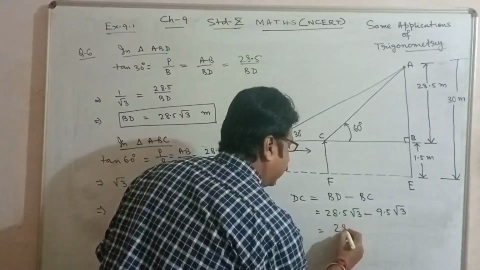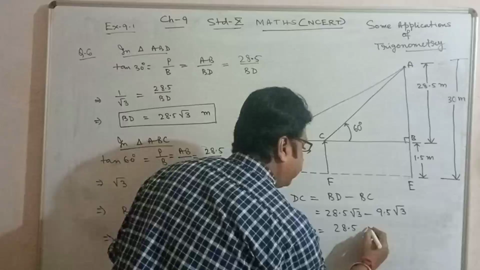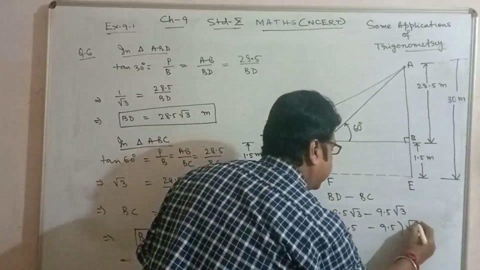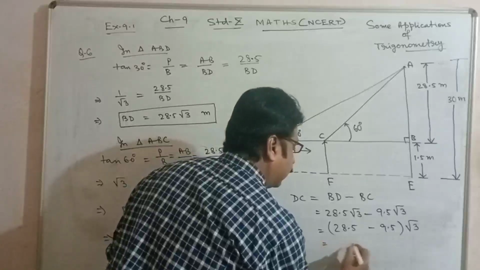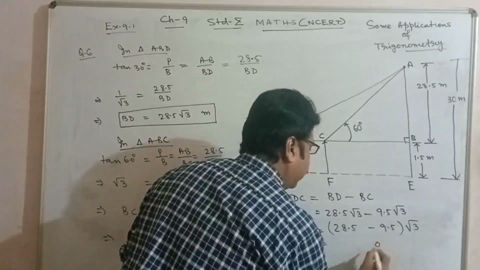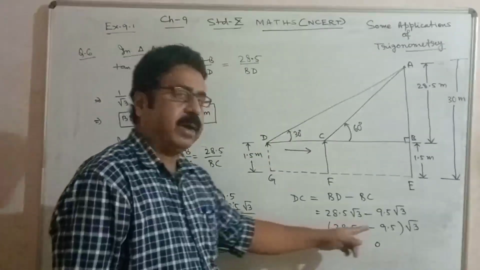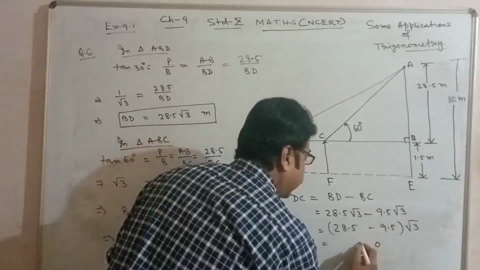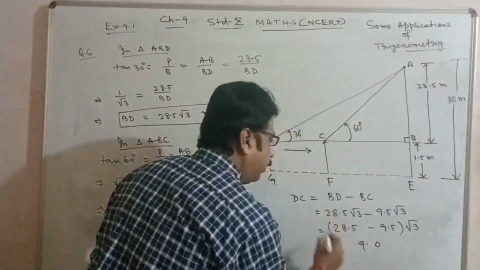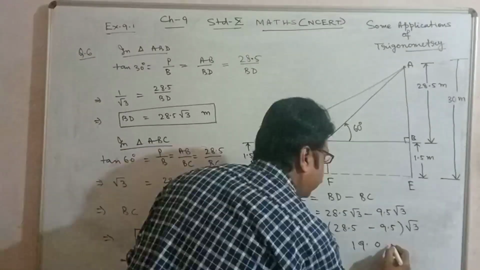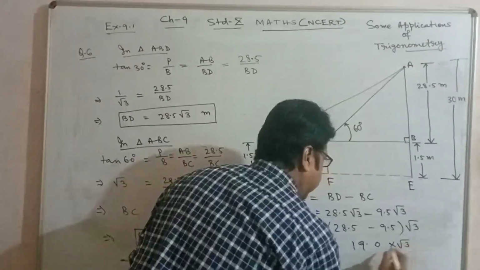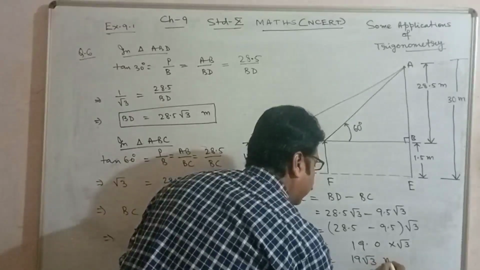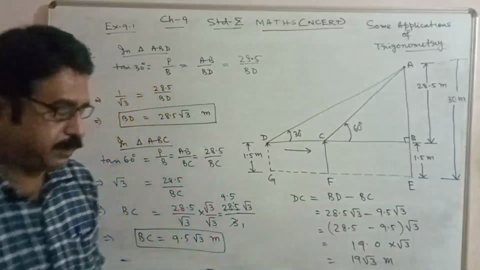Root 3 common, 28.5 minus 9.5, root 3 take outside. 28 minus 9 is 19. It is 19.0 into root 3, means 19 root 3 meter.